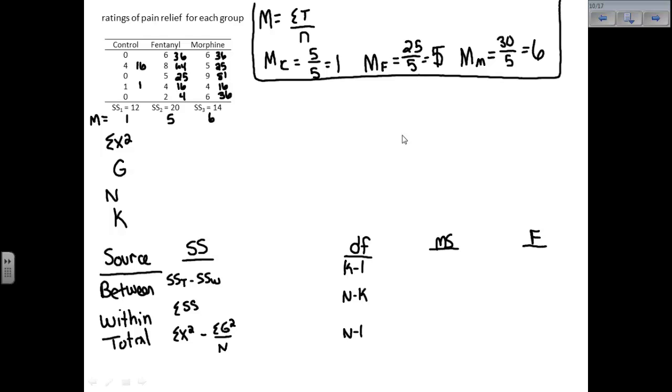If I add all those values together, so 16 plus 1 plus 36, all those values added together, you'll end up with 356.